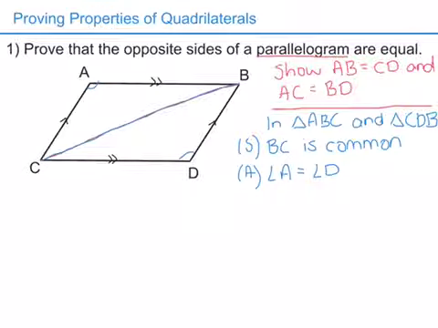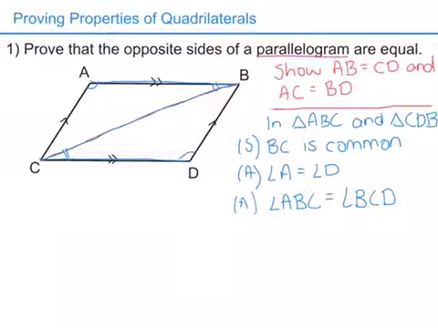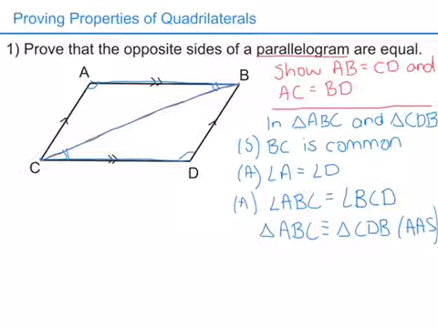The last piece of our congruency puzzle comes from the fact that we have parallel sides. And so in that, we form a set of alternate angles. So that gives us that angle ABC is equal to angle BCD, giving us two congruent triangles, ABC and CDB, that pass the test AAS.